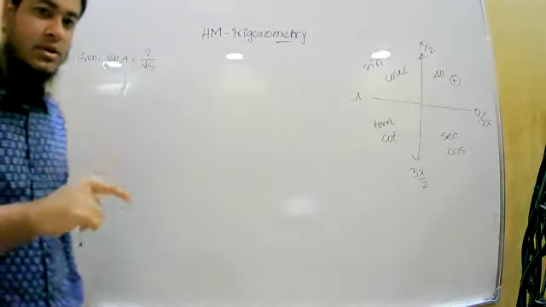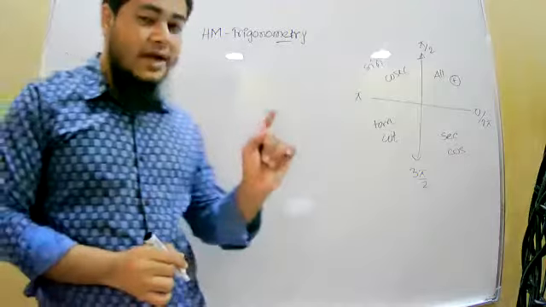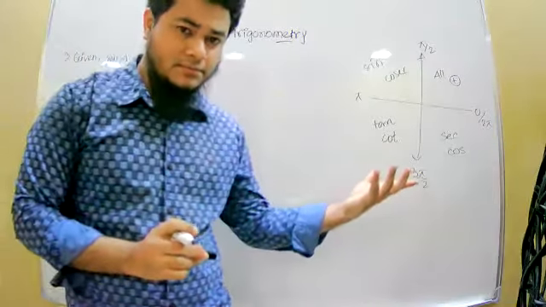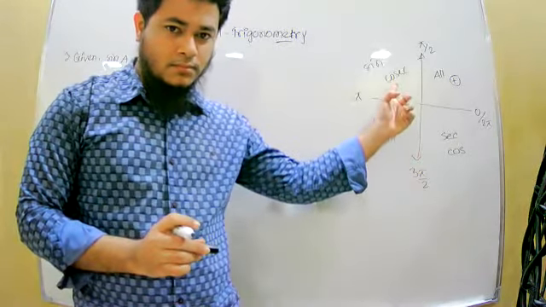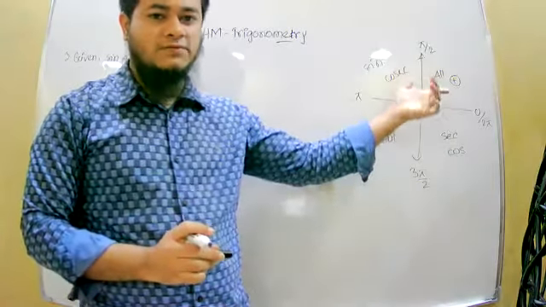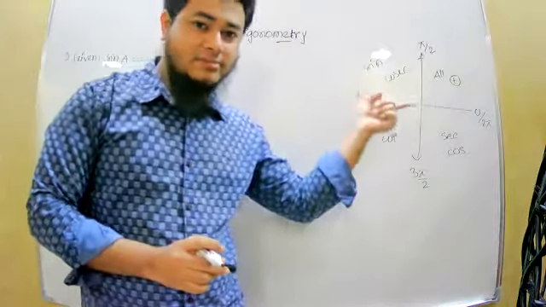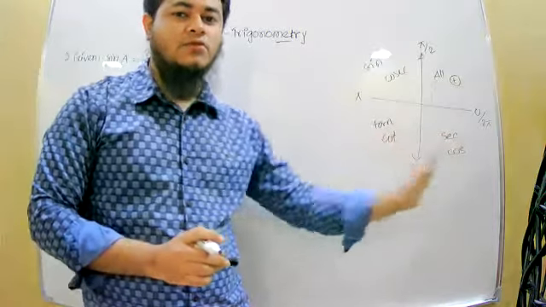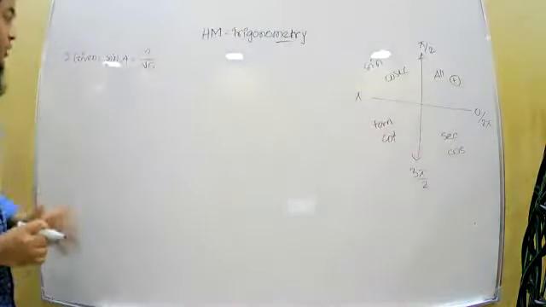So the possible quadrants are which ones? Sine is positive. So that means our angle might be where? First and second. Because in first, all are positive, sine can be positive. In the second, sine is positive. So the angle can be in the second quadrant also. But for sure, they will not be in the third and fourth quadrant. Right? So like in this way, we have to decide.